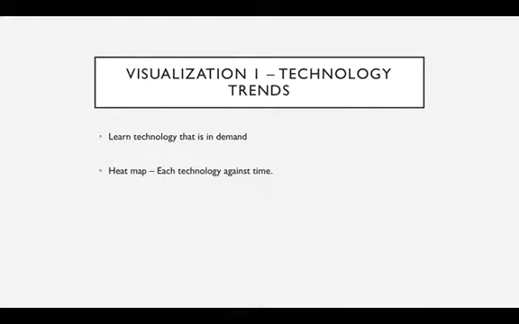The first visualization that we come up with is what we call technology trends. For students, the main problem they face is what type of technologies are trending in the industry right now.